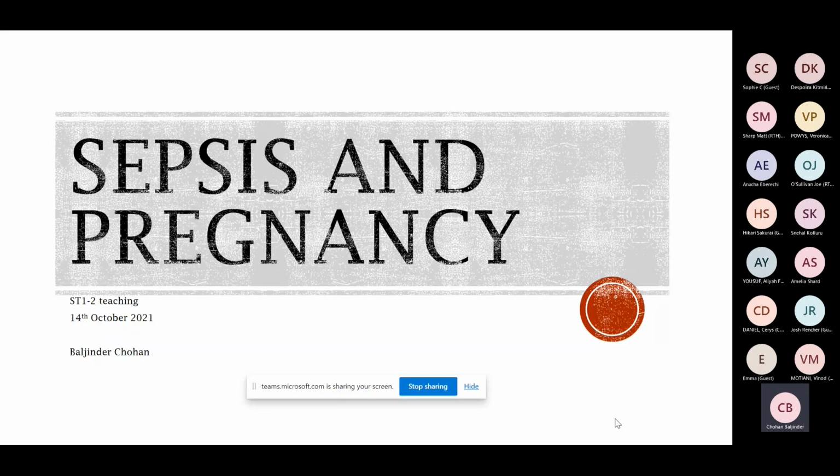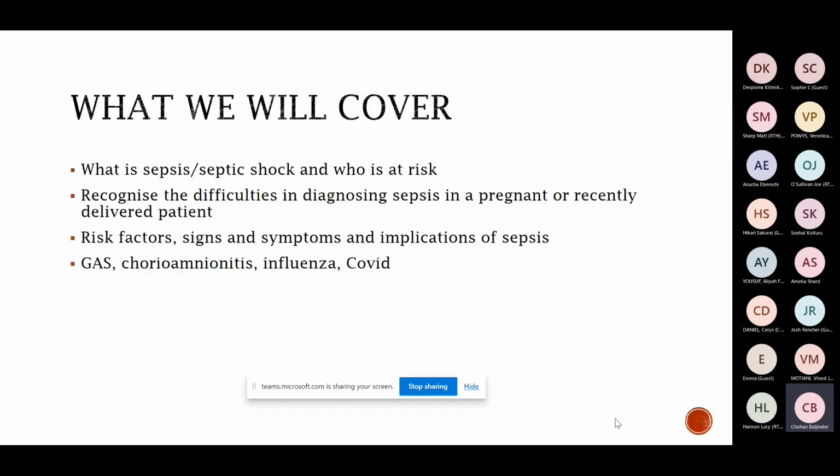Okay, so in terms of sepsis in pregnancy, we will all be familiar to some extent with the underlying pathophysiology and the specific signs, symptoms, SIRS, and the systemic response. So I'm not going to go into that in detail, but we'll talk very briefly about what sepsis is, what septic shock is, and the particular risk factors you need to look out for in pregnancy or women who have recently delivered.